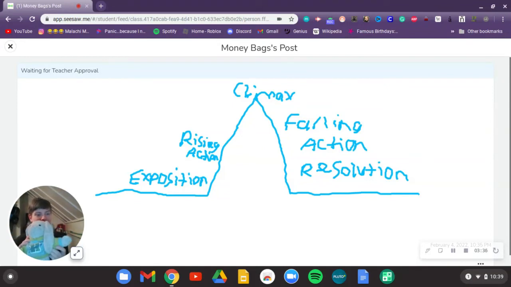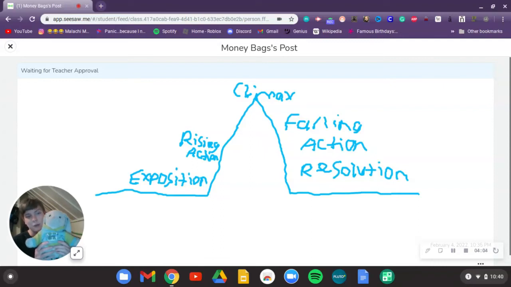The falling action... I don't know why I always have to clear my throat after I say that, but the falling action is where the plot starts to die down, and the problem starts to die down, and it becomes less of an issue. And there are 2 events that lead into, say it with me now, the resolution.